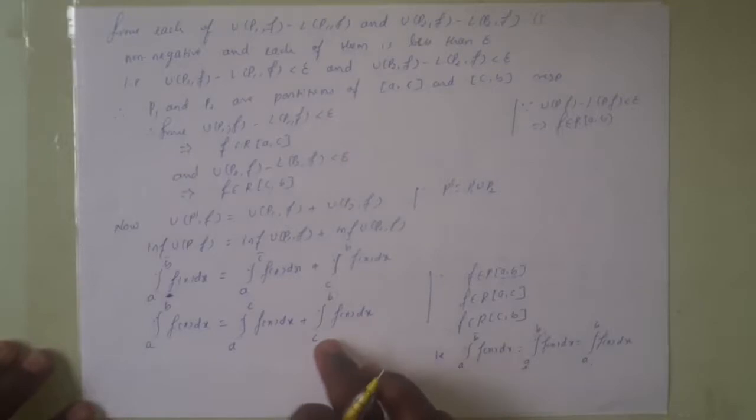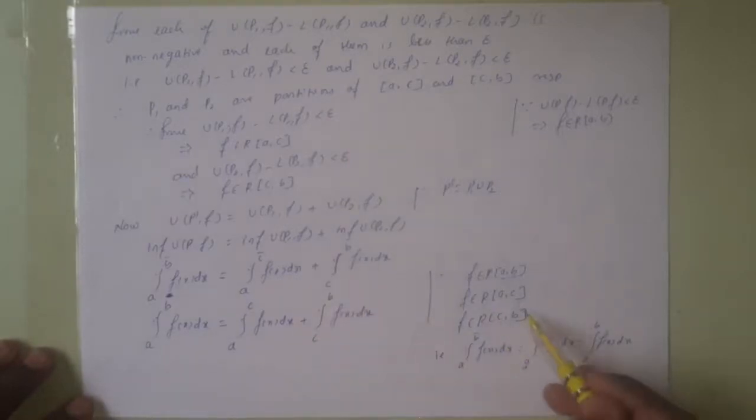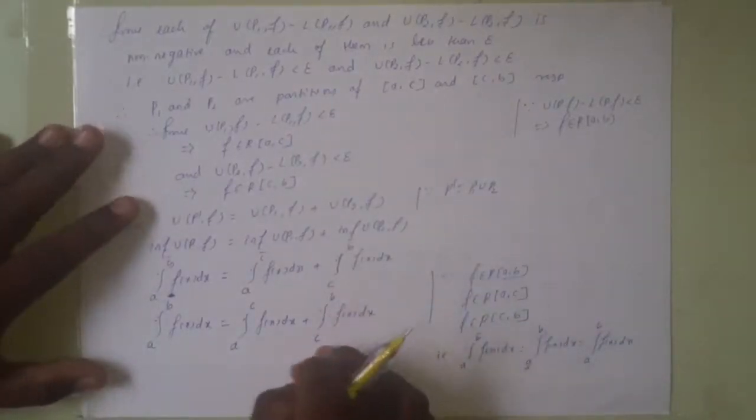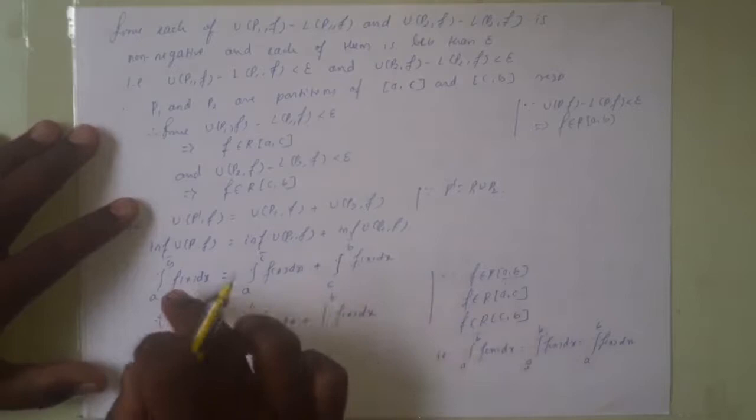This we have written because f is Riemann integrable on the respective intervals, otherwise we cannot write this as integration over c to b or a to c or a to b.